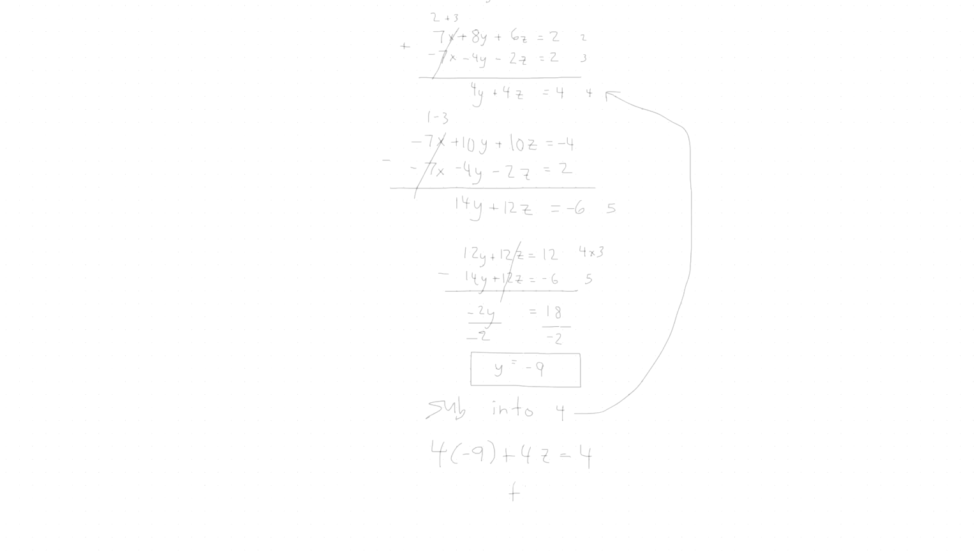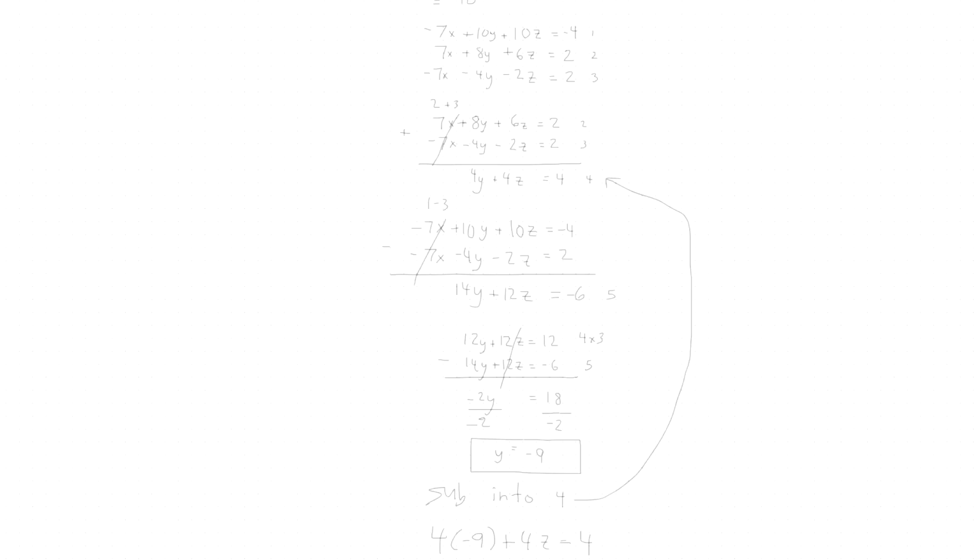Negative 36. So negative 36 plus 4z equals 4. What's 4 plus 36? 40. So 4z equals 40. Divide both sides by 4. So z equals 40 divided by 4, which is 10.